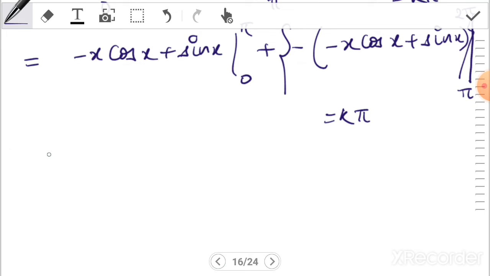So if you evaluate this, you will get 4 times pi is equal to k times pi. So k is equal to 4.